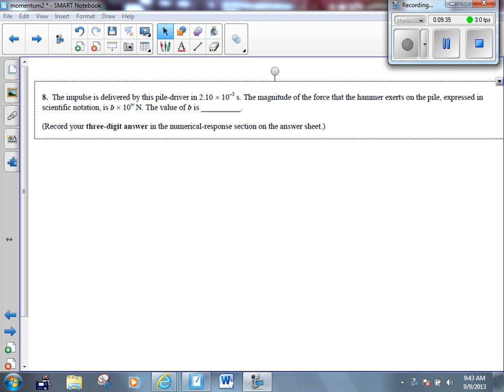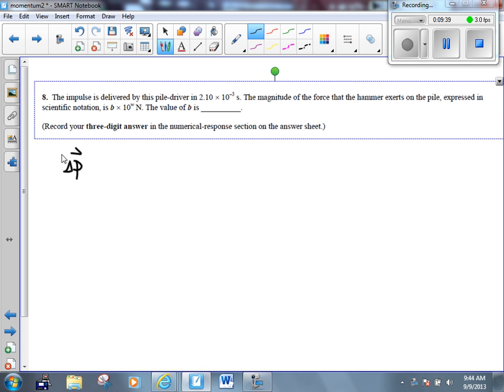Let's go through it here. We know what the impulse is. The impulse was 7.46 times 10 to the 3 newton seconds. We know the time interval here, 2.10 times 10 to the negative 3. We're going to find the force by saying delta P is equal to F times T, and rearranging that.